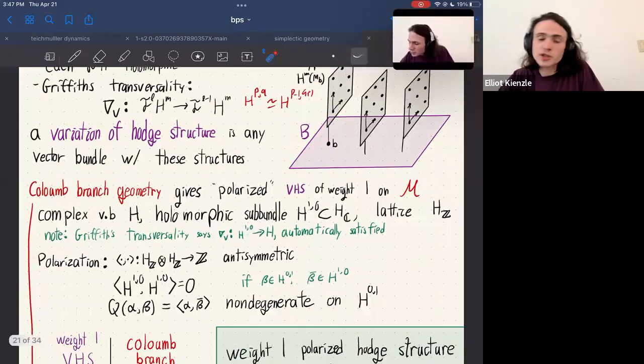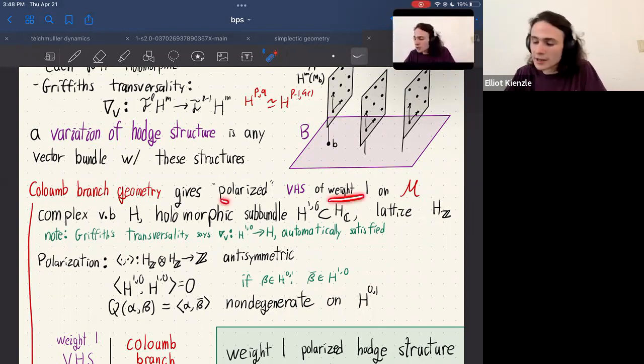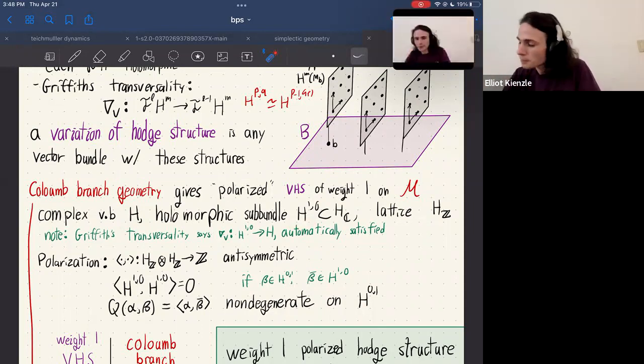So our Coulomb branch geometry, we can think of as a very simple special type of these variations of Hodge structure. It's going to be weight 1 and polarized. To translate that a little bit, a weight 1 variation of Hodge structure means we just have some complex vector bundle, and we specify a holomorphic subbundle. So it's weight 1, so we don't have to deal with all of these flags or anything. It's just a single subbundle of a vector bundle.